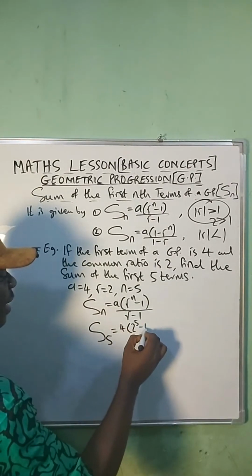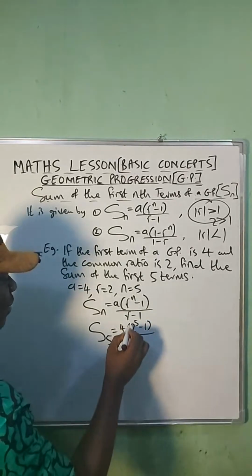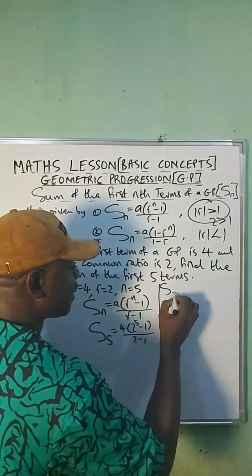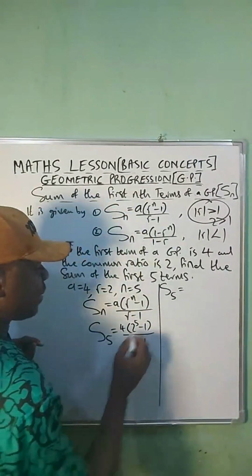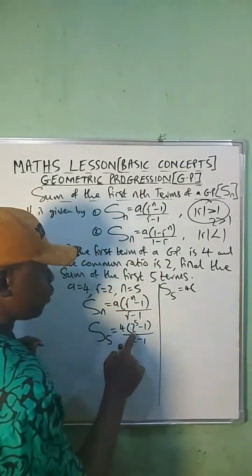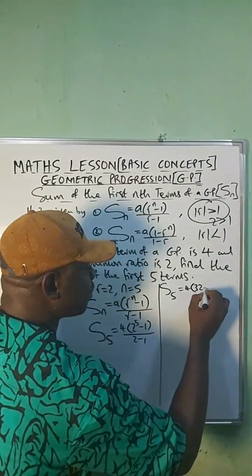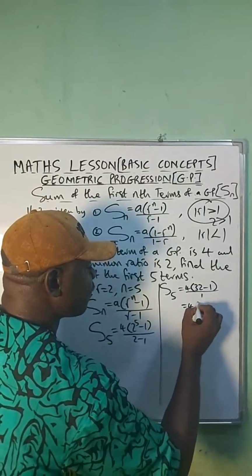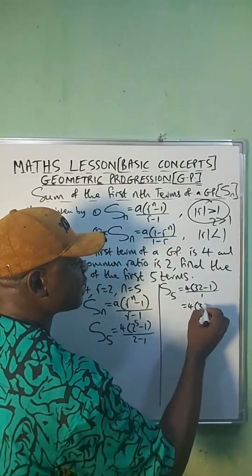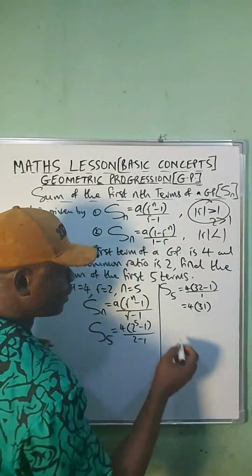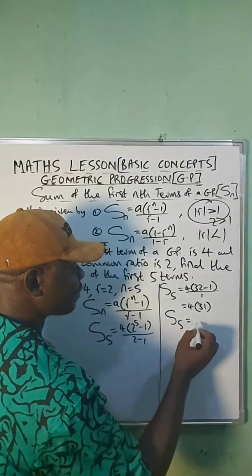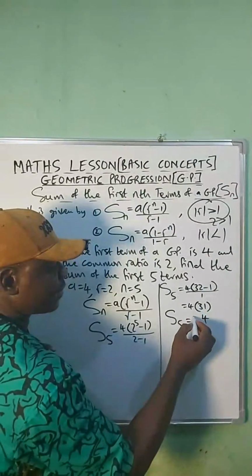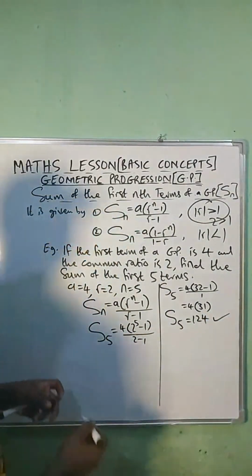So this will give us 4 into 2 raised to the power 5, which is 32, minus 1, all over 2 minus 1, which is 1. This will be 4 into 31, all over 1, which doesn't matter. So the sum of the first 5 terms will be 4 times 31, which is 124. And this is the answer.